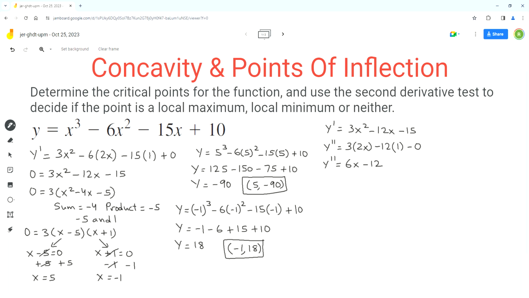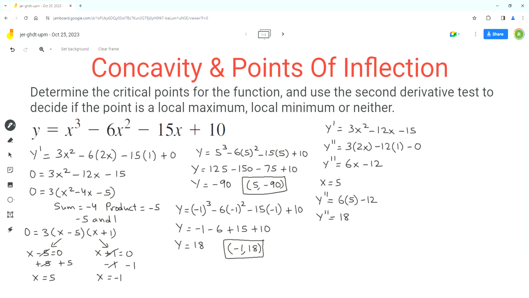Now we have to sub in the x values from the critical points one by one in this y double prime to see if y double prime is less than 0 or greater than 0. So let's start with x equals 5. So y double prime equals 6 times 5 minus 12. 6 times 5 is 30 and 30 minus 12 is 18.